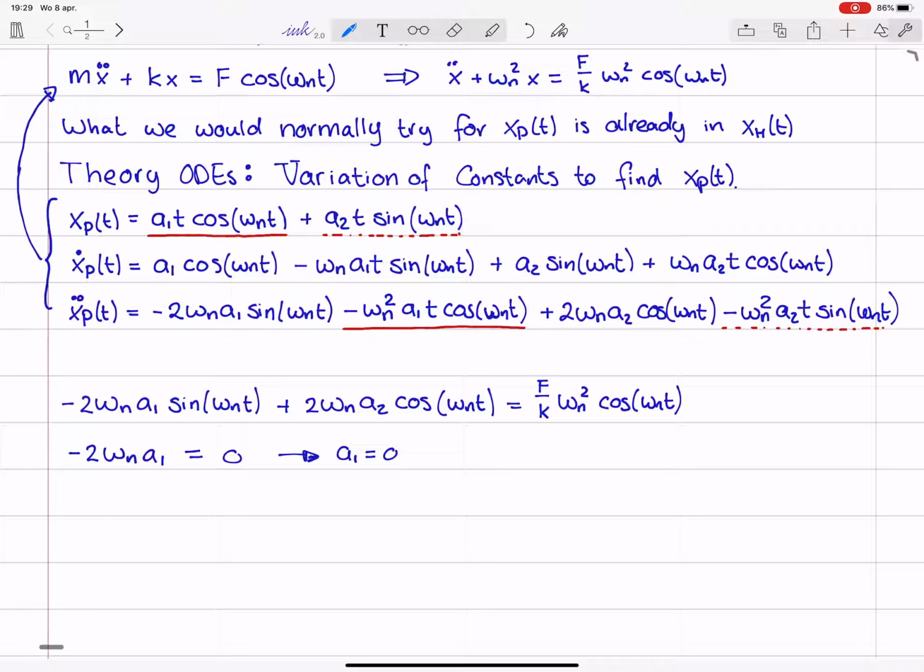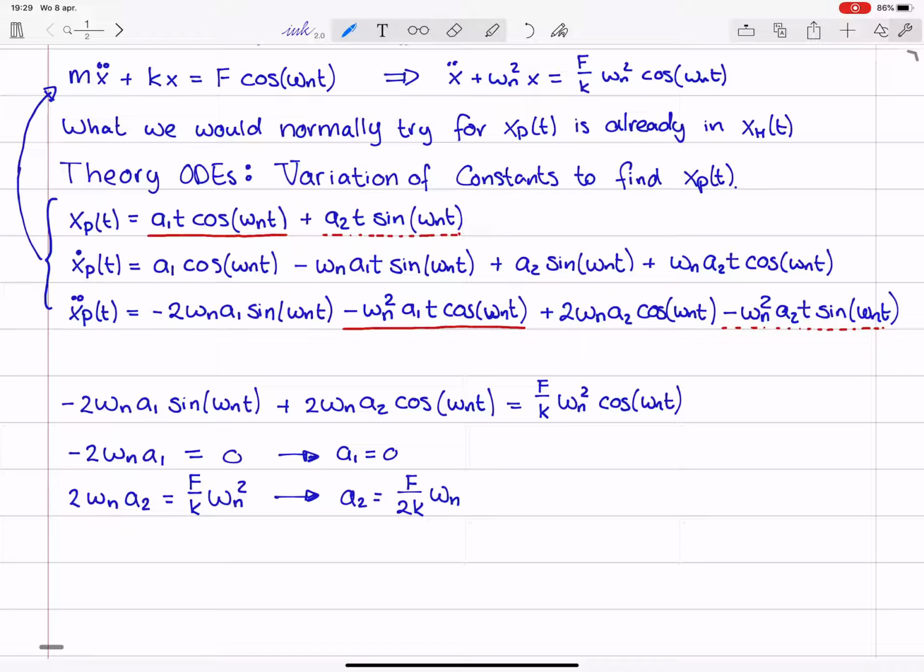Apparently, there are no cosines in the response. And similarly, we have 2 omega n times a2, which should be equal to f divided by k times omega n squared. And from this we can solve for a2, which is then f divided by 2k times omega n without the square.